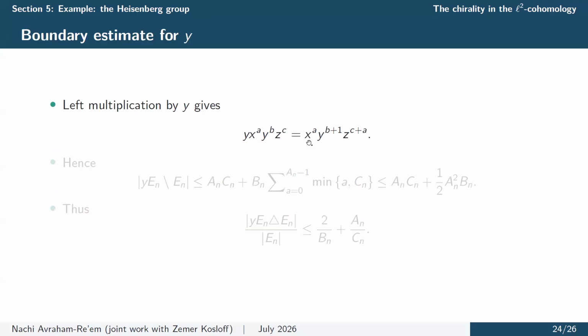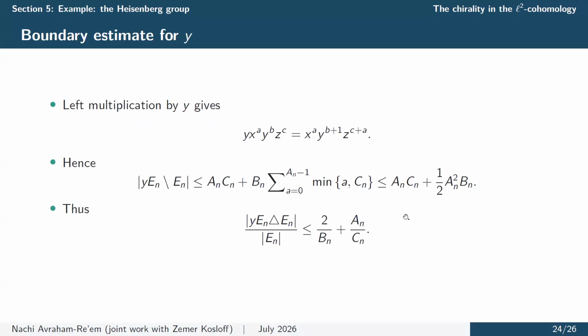Similarly, if I multiply it by y, it adds nothing to the power of a, it adds 1 to the power of b, and it adds a to the power of c. Which is still fine. I can control those powers and get the computation, but it is controlled in terms of sum. The infinite sum converges.